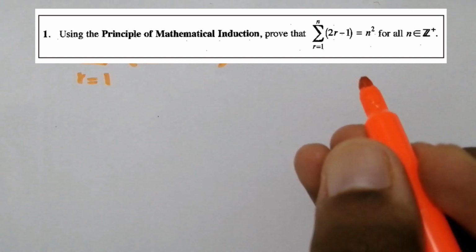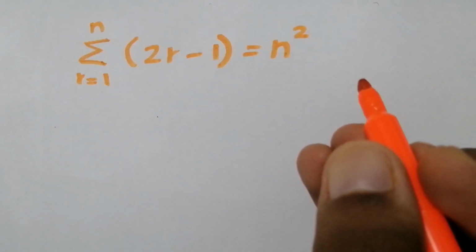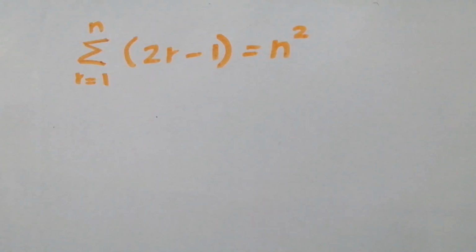Then there are steps and a way of doing a mathematical induction type question. Let's do it step by step. The first step is, first we have to check whether the result is true when n equals 1.